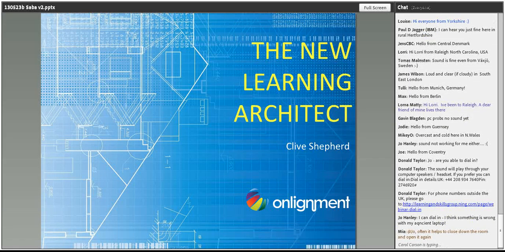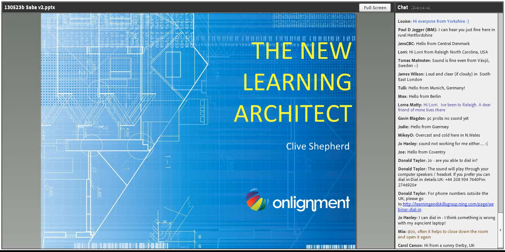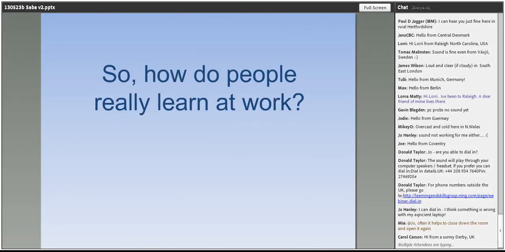To help create a framework for today, I'm going to look at one of the core models from that work, which organizes different forms of learning into different categories. Then my colleagues from Saba are going to answer the challenge of whether it is possible to find tools that actually help us to implement that strategy right across the board.